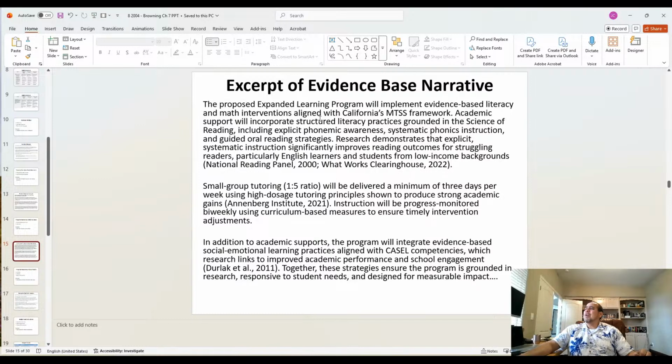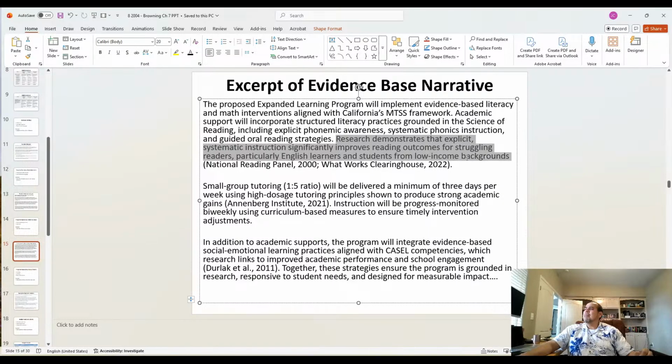Academic support will incorporate structured literacy practices grounded in the science of reading, including explicit phonemic awareness, systematic phonics, instructional and guided oral reading strategies. Research demonstrates that explicit systematic instruction improves reading outcomes for struggling readers, particularly English language learners and students from low income backgrounds. Here's the evidence right here. Okay. They're having their citation right here.